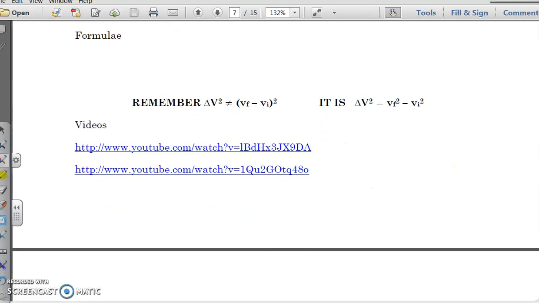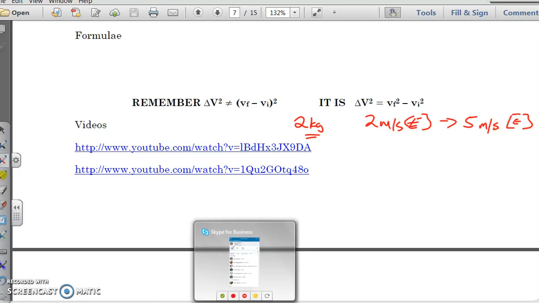Again, going from 2 meters per second east to 5 meters per second east. This is, again, a 2 kilogram object, just for the sake of argument.